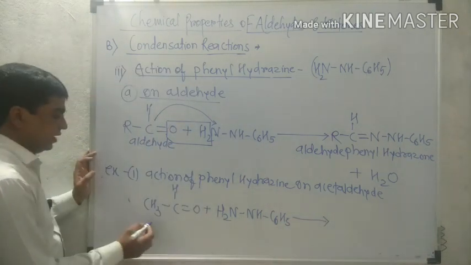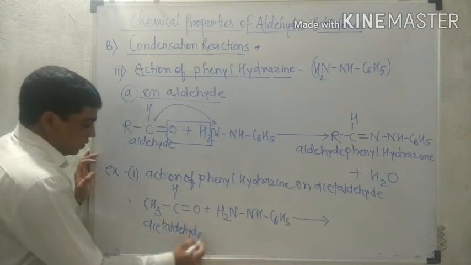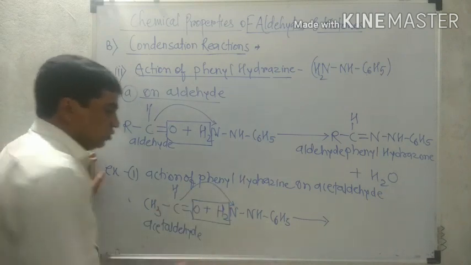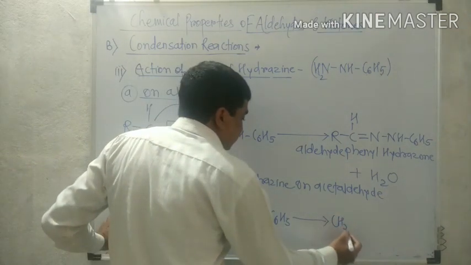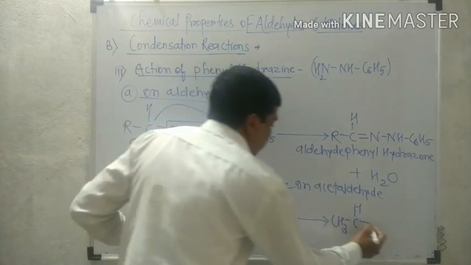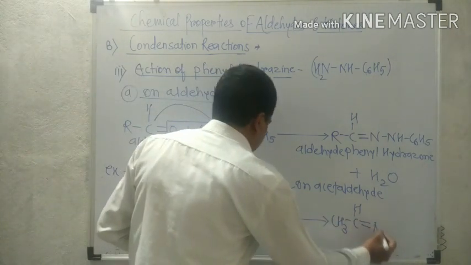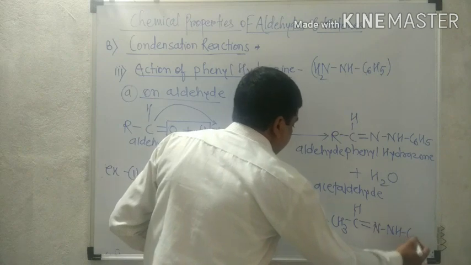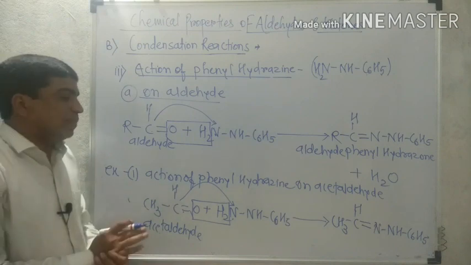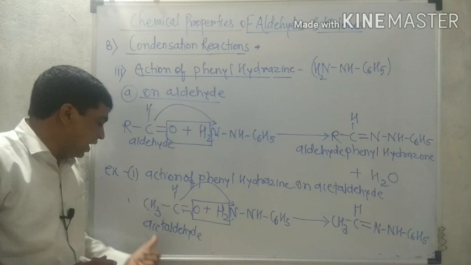Phenylhydrazine reacts with acetaldehyde. Again H2O forms as a byproduct, and the double bond forms with nitrogen. So the product is CH3CH=N-NH-C6H5. This is also a hydrazone type of compound, but this is the hydrazone of phenylhydrazine with acetaldehyde.